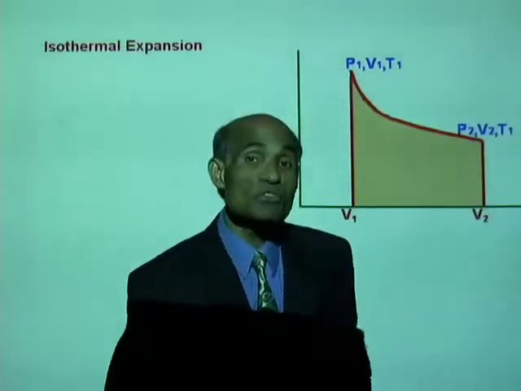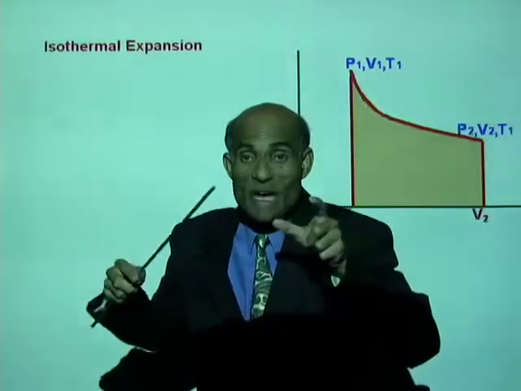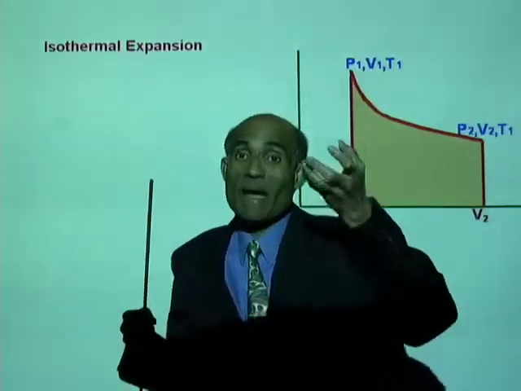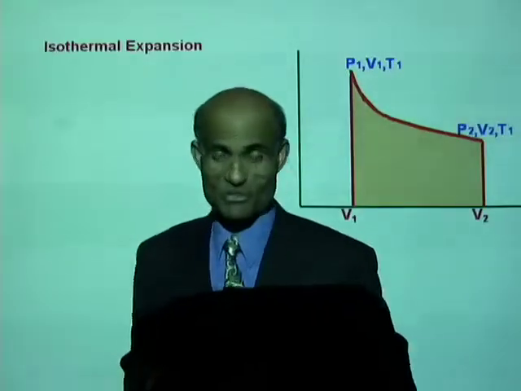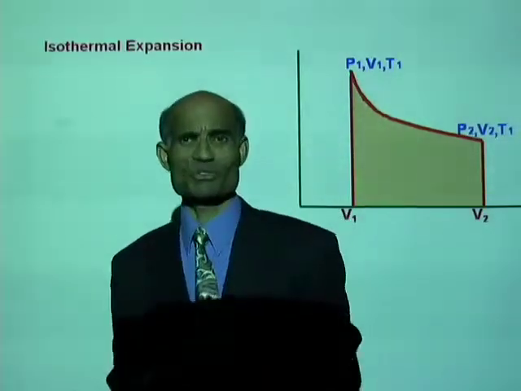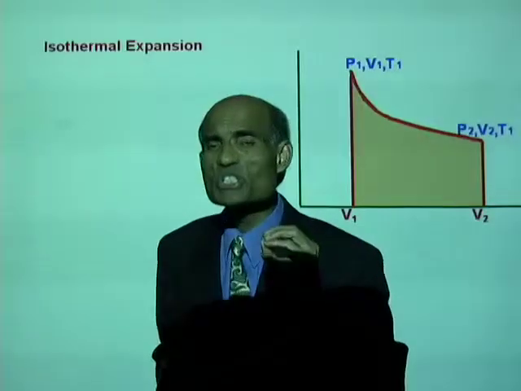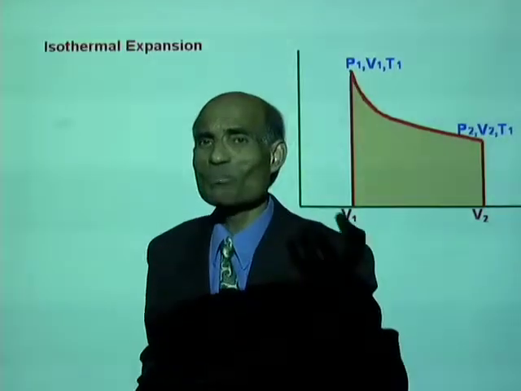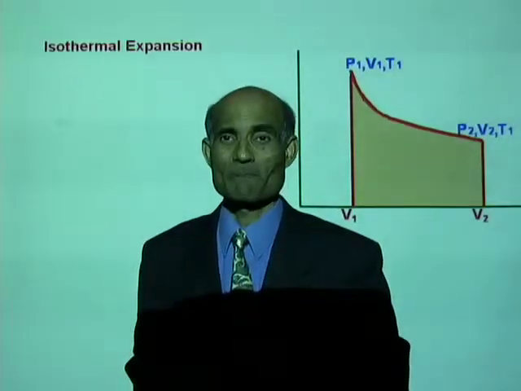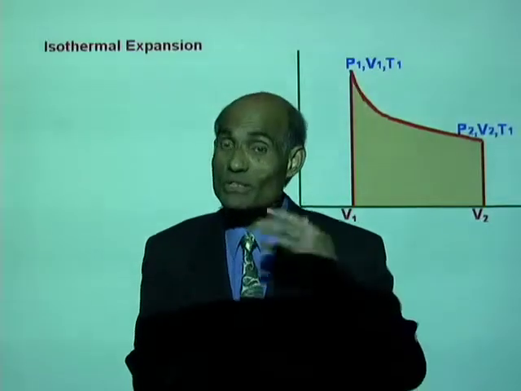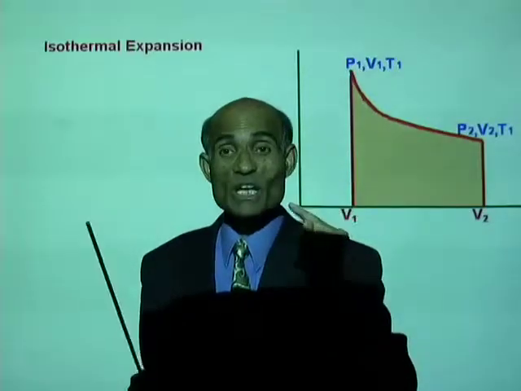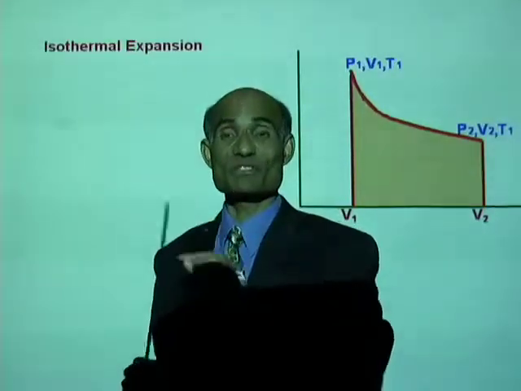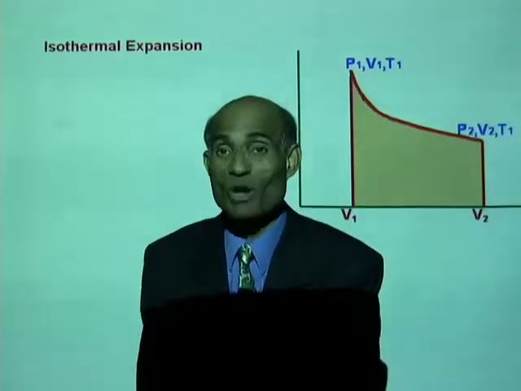So in an expansion, a certain amount of gas is allowed to expand at constant temperature. Now, I want to ask you this question. What is the equation for an isothermal process? We derived an equation for it some time ago. You remember Boyle's law deals with the isothermal process. What is the equation for Boyle's law?